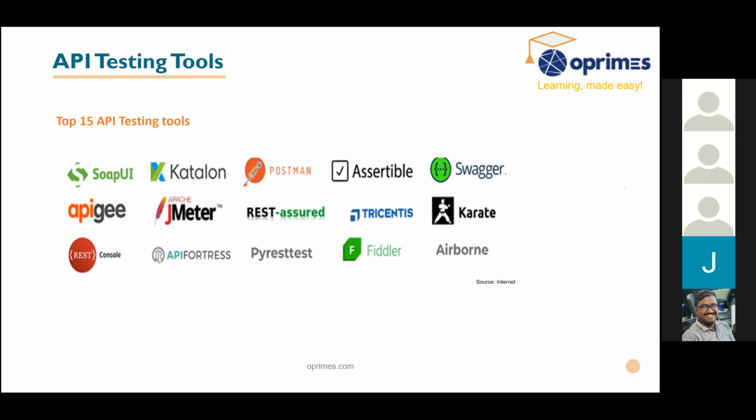So you can write code in the Gherkin language. You don't need any Java knowledge to work on Karate. It is a recent technology. The others are less frequently used compared to these tools. You can go through the advantages and disadvantages of these tools and learn about the features they are providing.